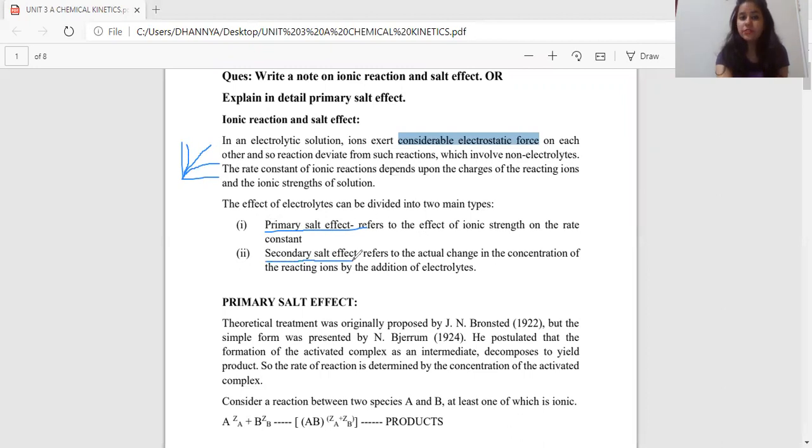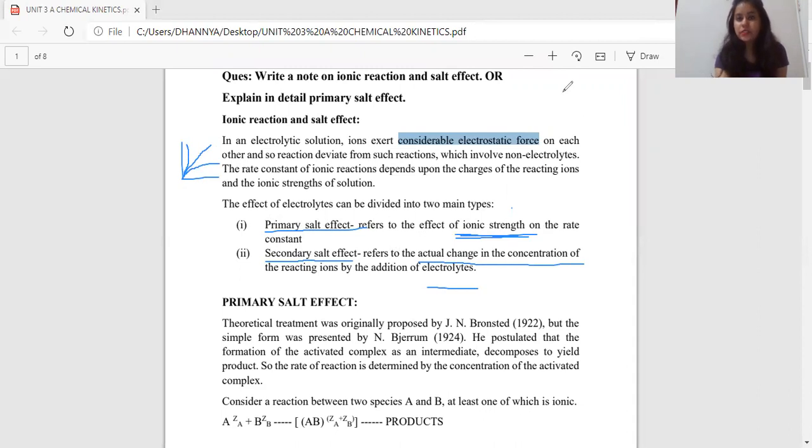Now, the primary salt effect generally refers to the effect of ionic strength on the rate constant. What is ionic strength? We already know that ionic strength is a measure of concentration. How much the ions react with one another, the reactants reacting to result in the product, is dependent on the ionic strength, while the secondary salt effect depends on the actual change in the concentration of the reacting ion when we add electrolytes.